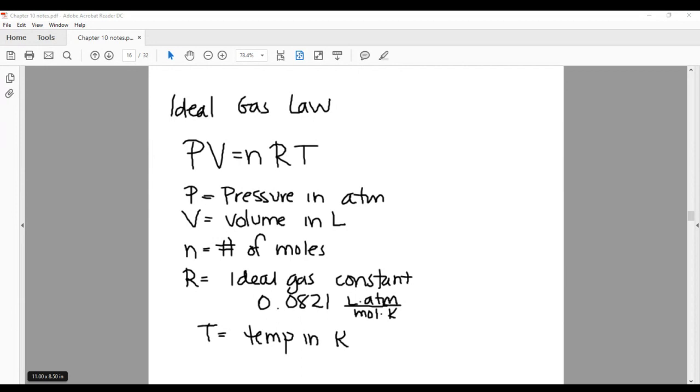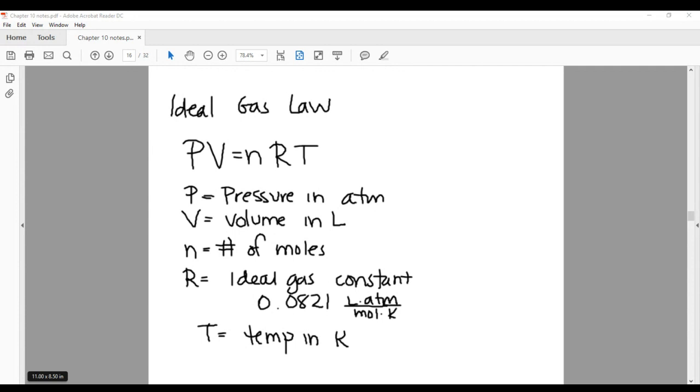So you can see I've got in my ideal gas constant liter times atmosphere divided by mole Kelvin. So in order to be able to cancel out these values, I have to make sure that my pressure is in atmospheres, my volume is in liters, my N, of course, is moles, and my temperature is in Kelvin.